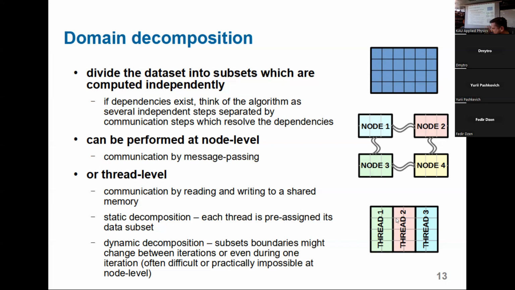But like pairing this, thread domain decomposition with shared memory has this nice property that it can be done in either a static or dynamic way. Static means basically the same as here, where each node received some predefined piece of the array and only works on that piece.